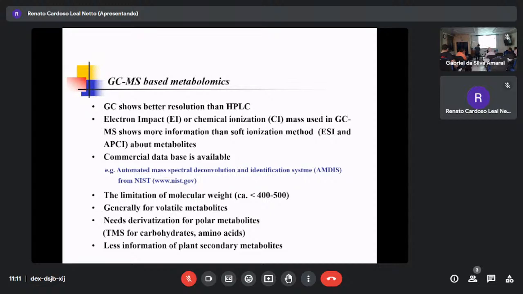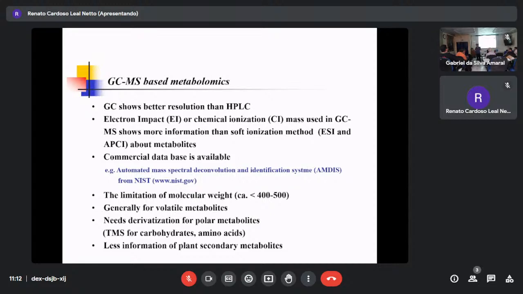But the most common application of GC-MS in metabolomics, the best use as I told you, is primary metabolism. Primary metabolism means sugars, carbohydrates, amino acids, and organic acids. Carbohydrates have a melting point around 200 degrees Celsius, and they are very polar with many hydroxyl groups, so they are not volatile.